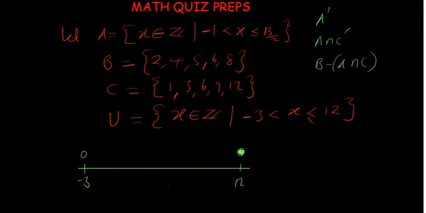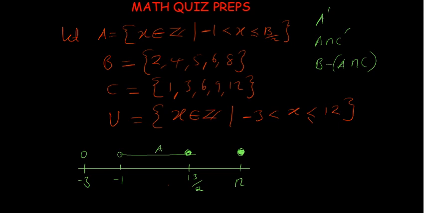Now, the set A is running from -1 to 13 over 2, which is about 6.5, somewhere there. For A, we are not including -1, but we are including 13 over 2. So this is our set A, right?